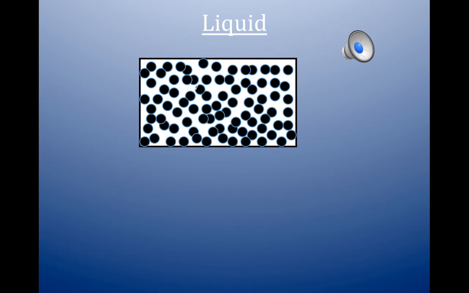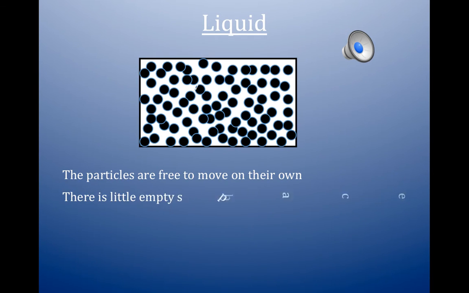So now we have to put all these particles, notice they're all the same size, and they are close together, way closer than in a gas, but they are also chaotic. So they're going to move more slowly, but they can still move freely. They're free to move on their own. There's not a lot of empty space between the particles.